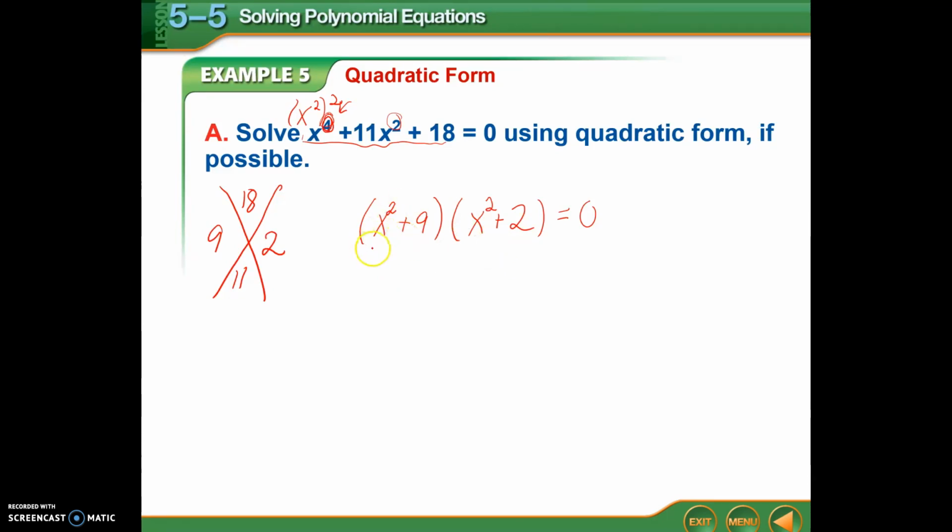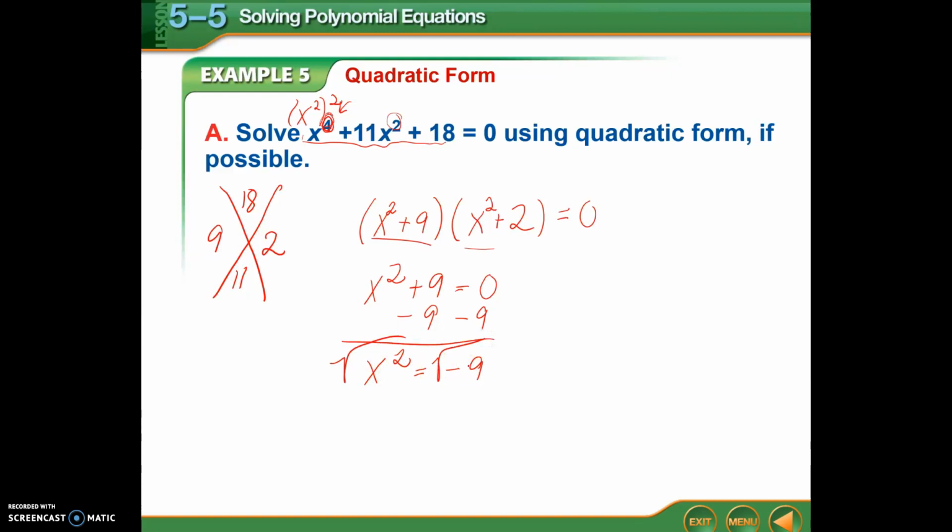Then we want to always check again to make sure, like we did yesterday, to see if I can factor either of my factors anymore. I can't, so I can put those factors then equal to 0. Subtract 9, x squared equals negative 9, square root.